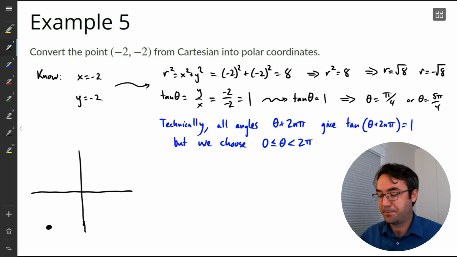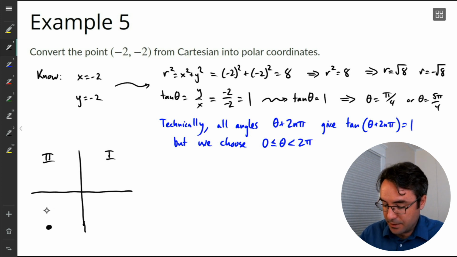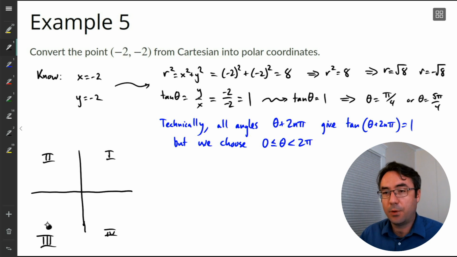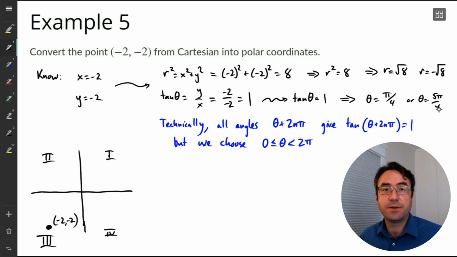Maybe right there. So it looks like here's the first quadrant, the second quadrant, the third quadrant, and then the fourth quadrant. Our point, -2, -2, is in the third quadrant. And so there's only one of these angles that falls in the third quadrant.